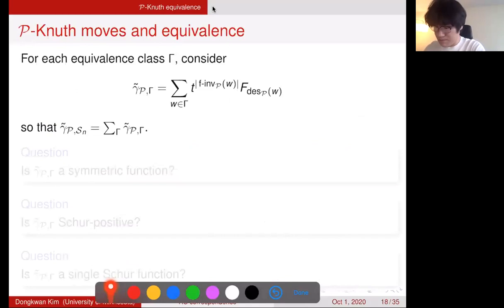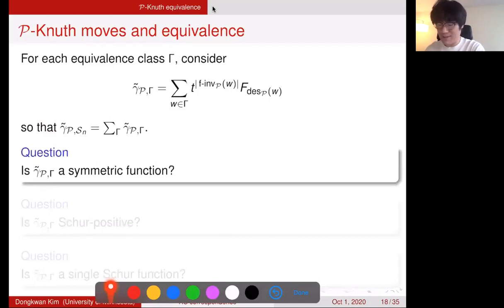Now, you can also define a generating function for each equivalence class. The sum is basically the graded generating function which appears in the graded Stanley-Stembridge conjecture. The question, as before, is whether this one is a symmetric function; it's not clear yet.